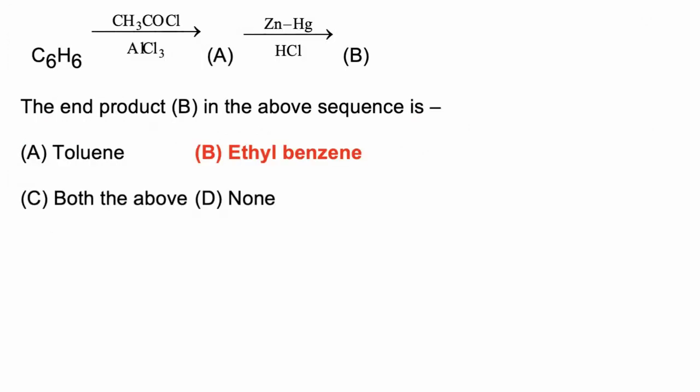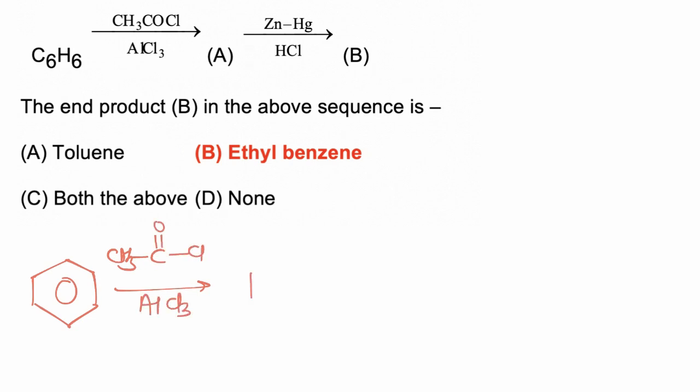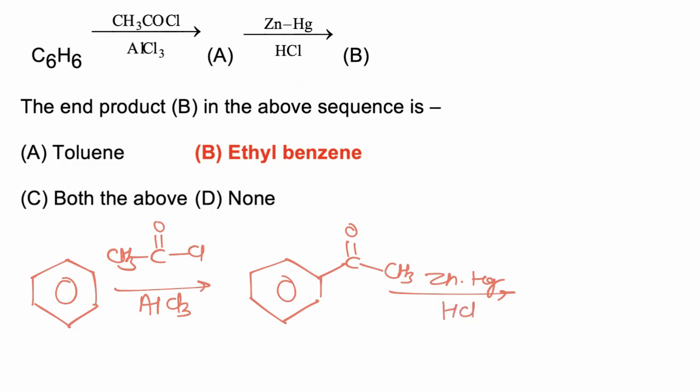In this question we have to find the product of the following sequence of reactions. Now benzene is treated with acetyl chloride in presence of AlCl3, so that acetophenone is formed as a product. Now this acetophenone reacts with zinc amalgam and HCl.